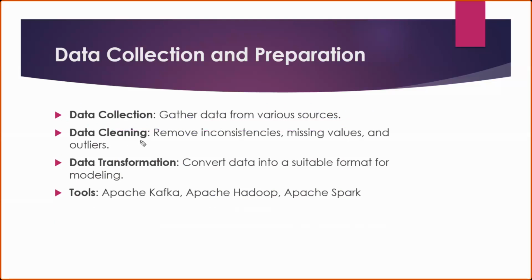Okay, and data cleaning. So remove inconsistencies, missing values, and outliers. That means we are cleaning the data. Sometimes, for example, you are collecting the data from an application and a lot of data is coming, but there are some missing values, wrong addresses.